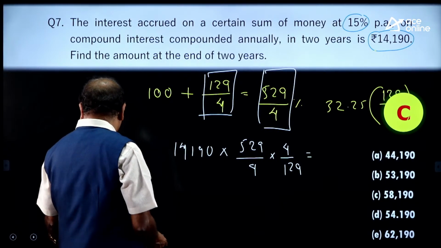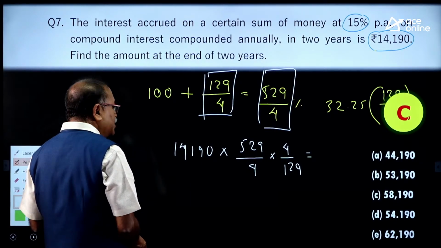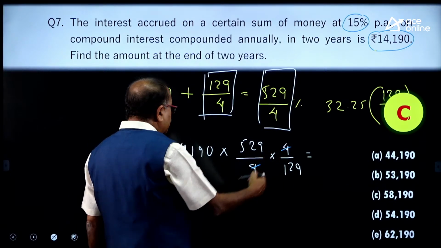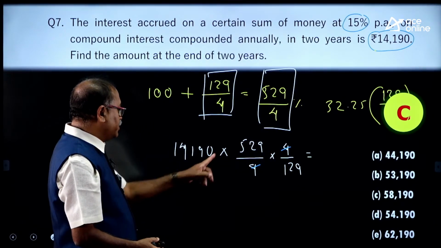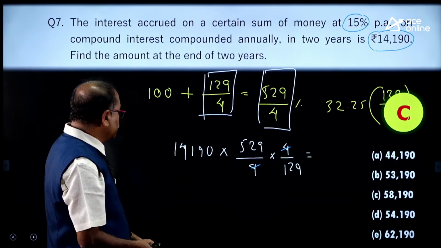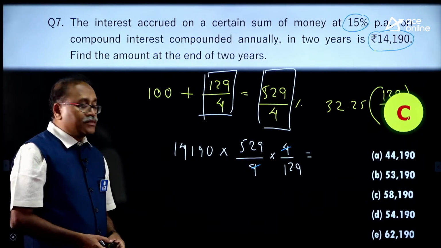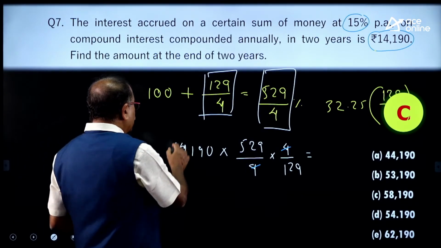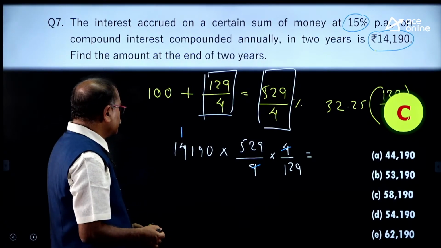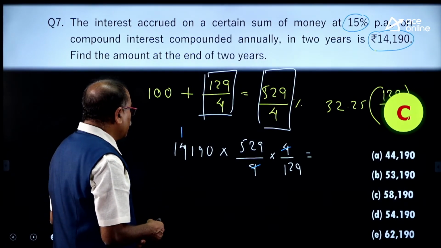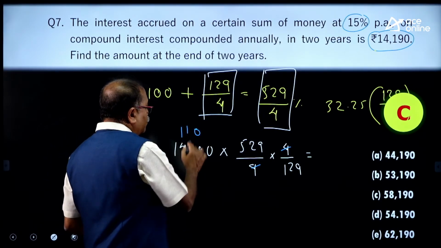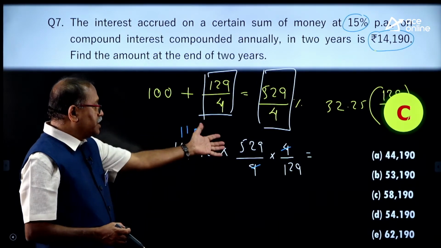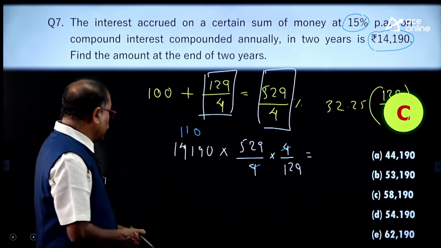Okay, let us do some small cancellation over here. The 4 is getting cancelled, and with 129 how many times will this number get cancelled? 110 times. Multiply this number by 110, you are getting the answer.